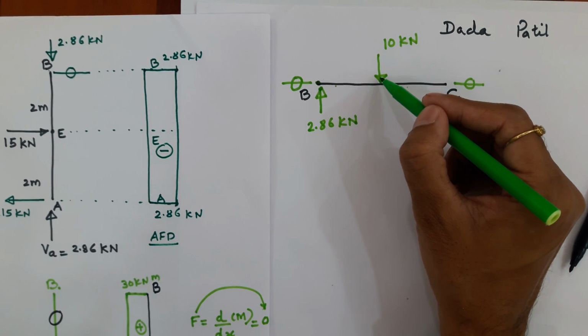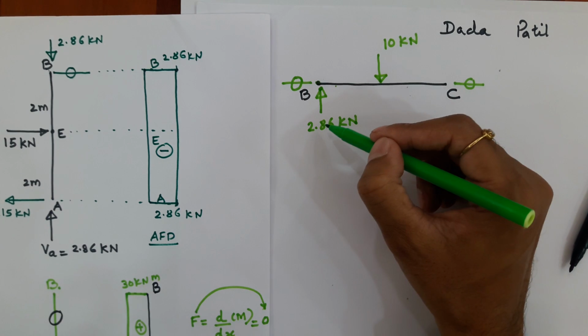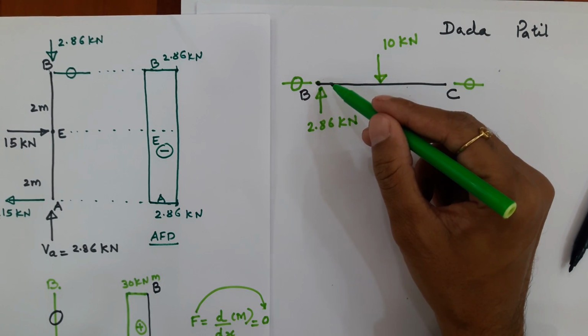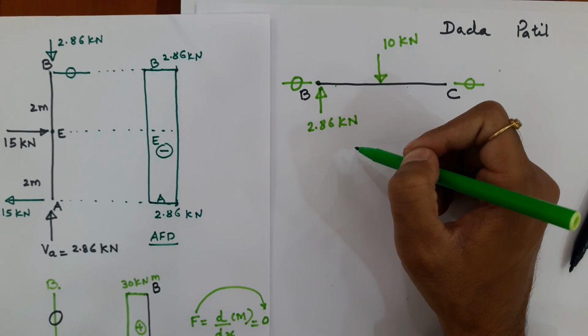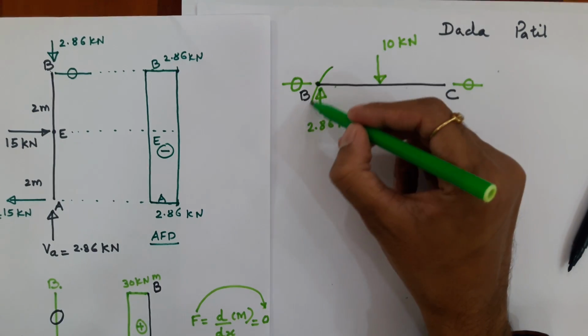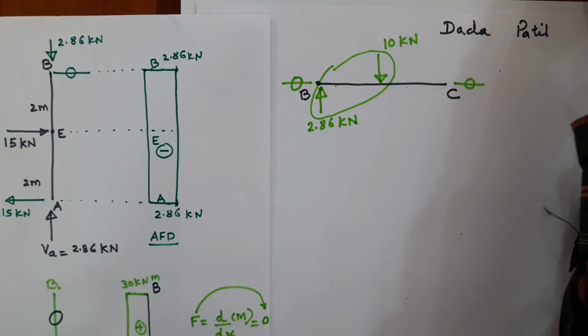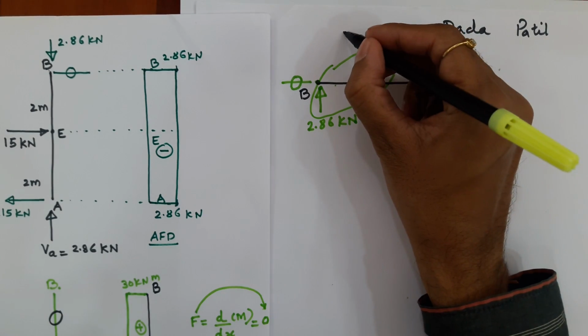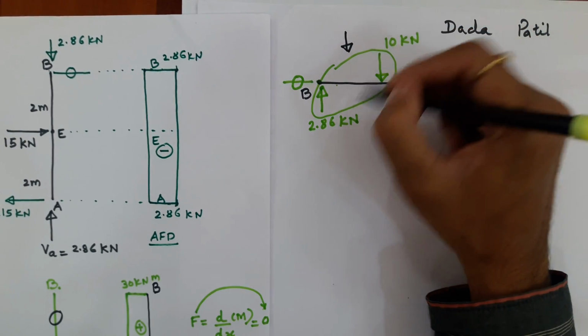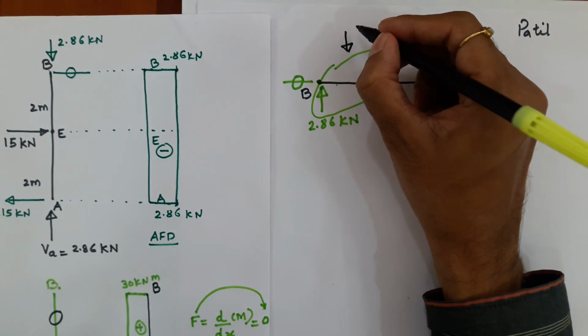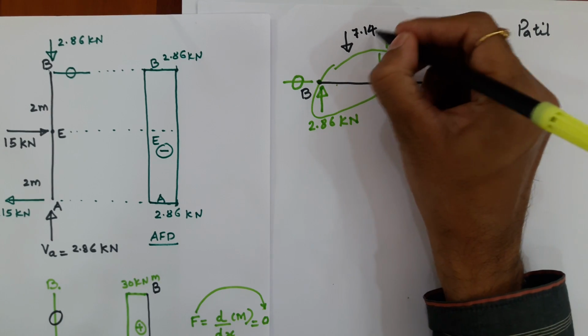This 10 kilonewton downwards minus 2.86 upwards. So the net effect of this is nothing but a downward force. That means if I subtract 2.86 from 10, it is 7.14 kilonewton.